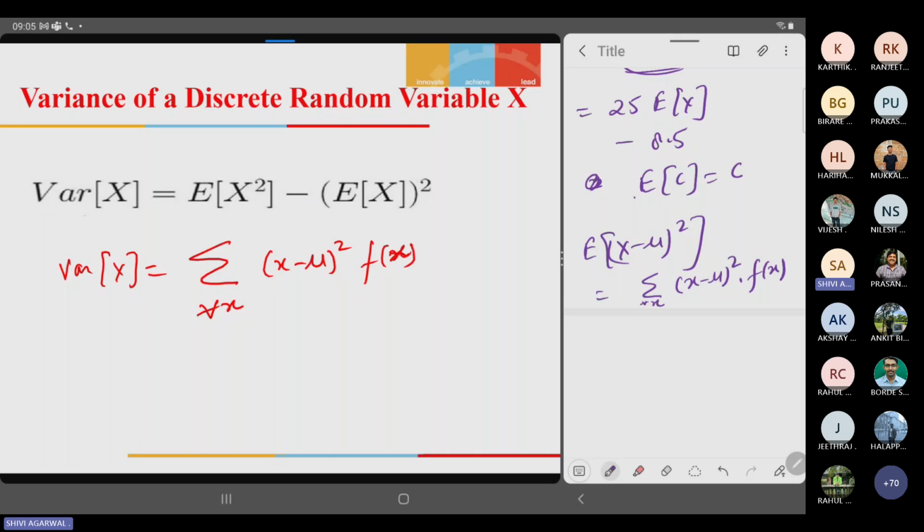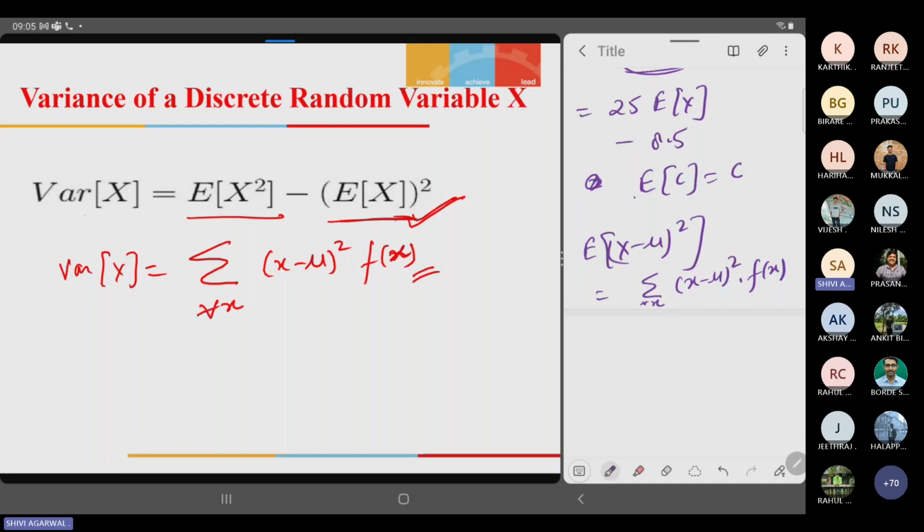Now we can say this is the definition formula, and this is the computational formula to make calculation easy. You can calculate the expected value of x square and the expected value of x, which you have already done, the mean, and take its whole square. That is the computational formula.